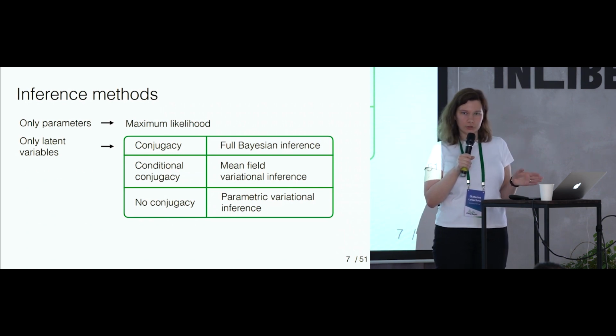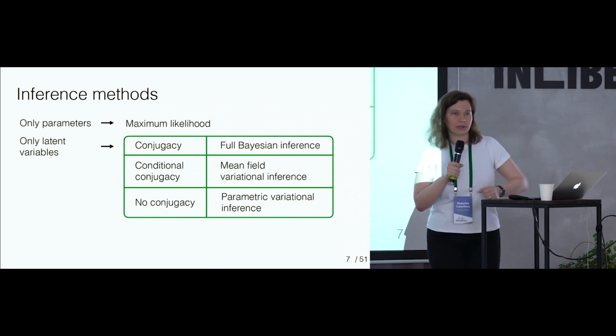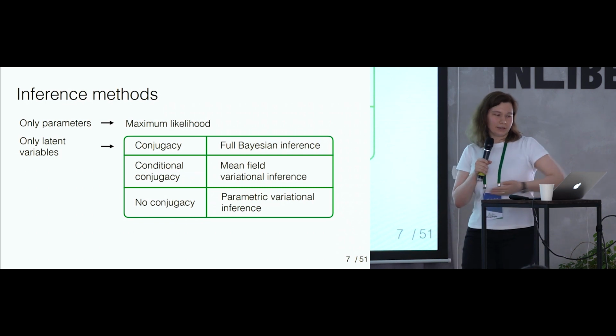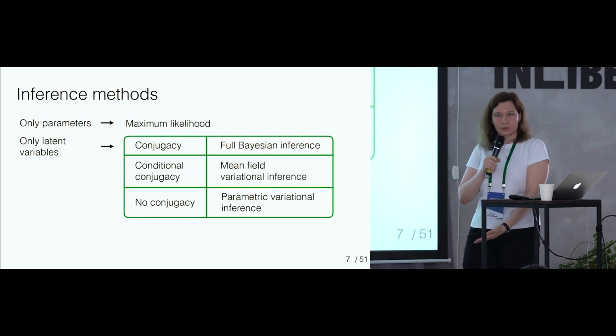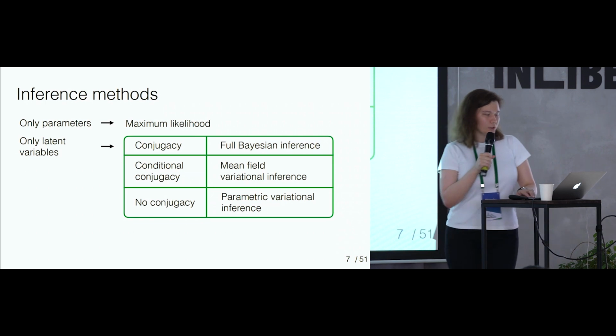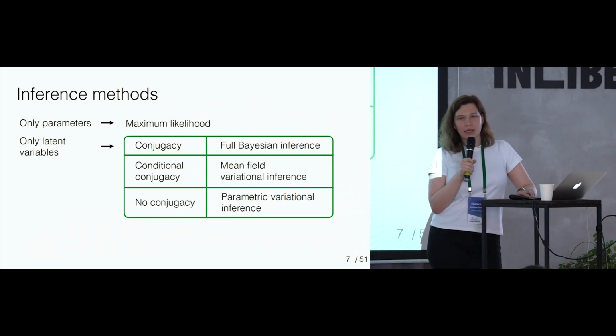If we have conditional conjugacy, then we can use mean field variational inference. If we can't find such factorization, then we need something more strong, and we may use parametric variational inference. Is it clear? So here is the slide, how to choose your method for your model. And what to do if we have parameters and latent variables in the model.